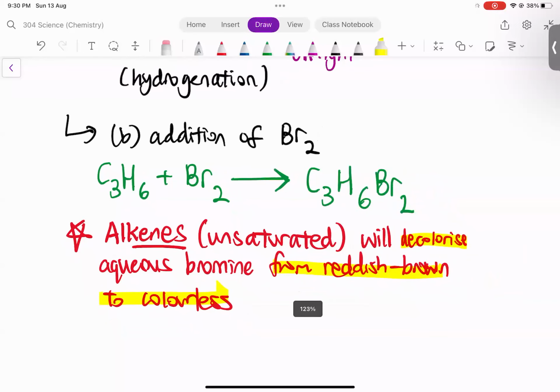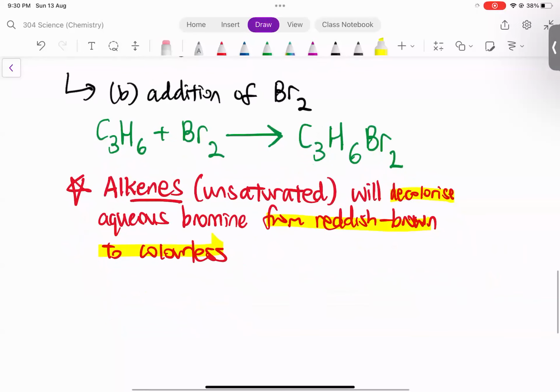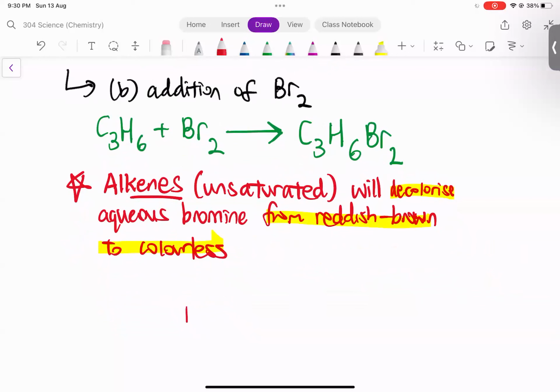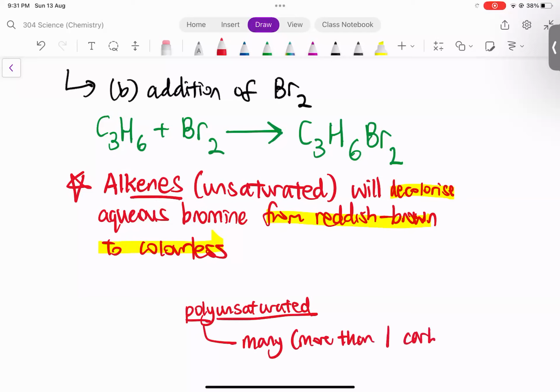Now, we have learned unsaturated, but there's another word that you need to know, which is polyunsaturated. Unsaturated, you already learned, right? Poly means what? Many. In this case, more than one carbon-carbon double bond.